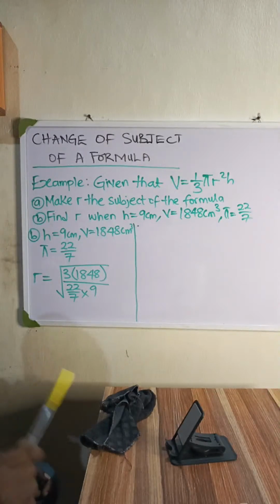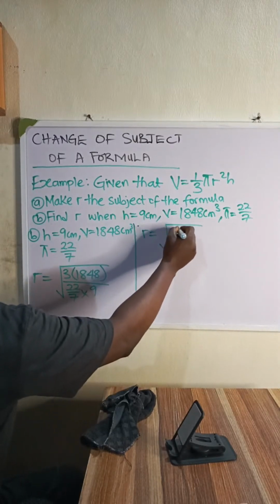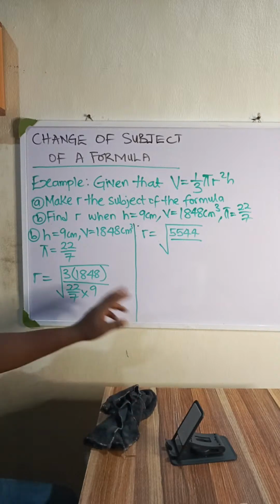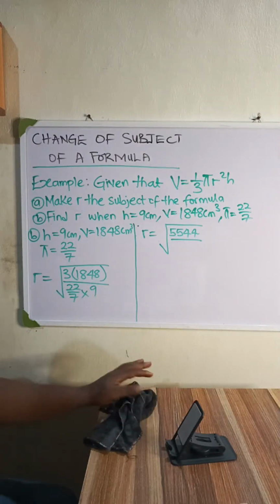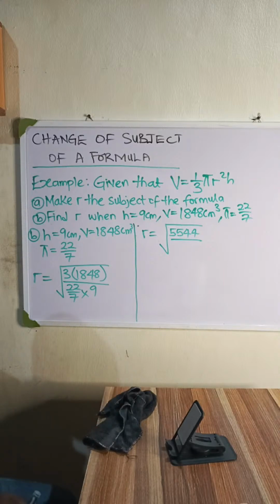We have 5,544. So we have R is equal to square root of 5,544 divided by 22 divided by 7 multiplied by 9. What do we have?